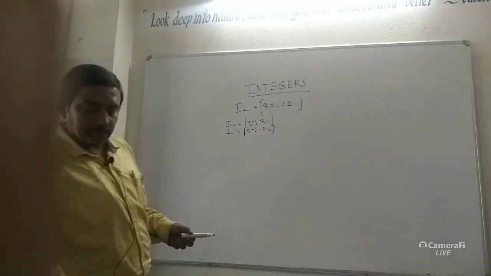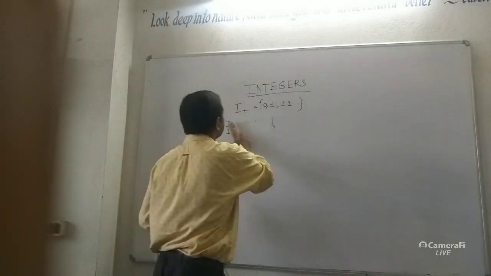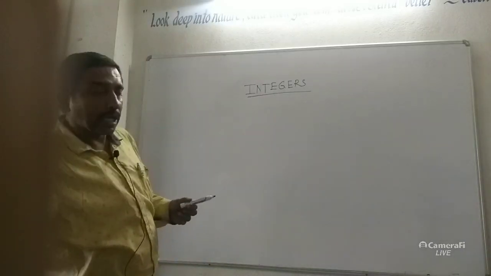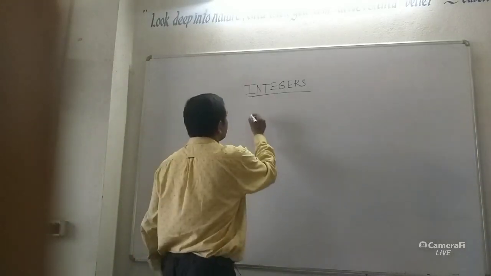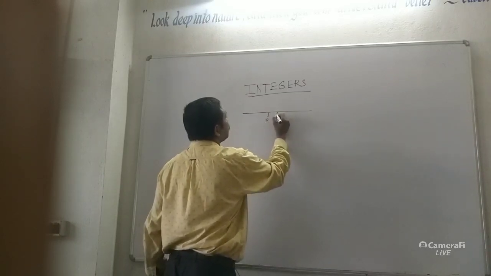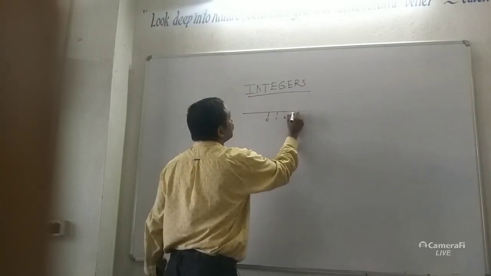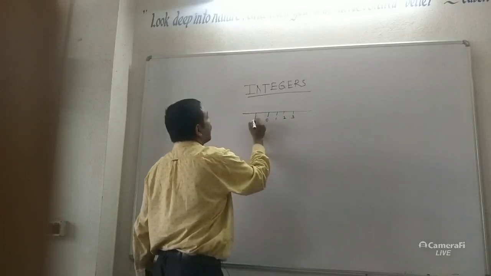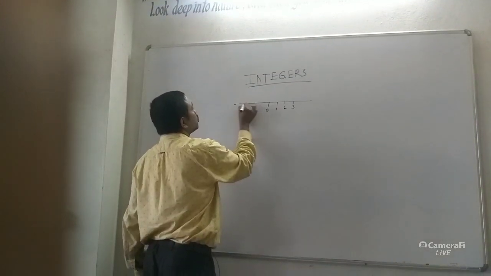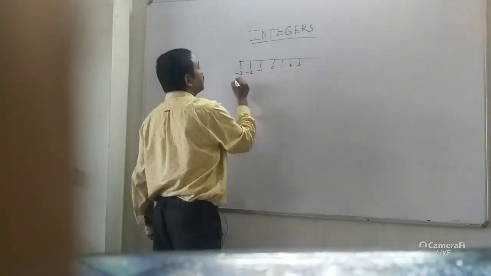Now next I will discuss how to show integers on the number line. This is the number line, and in the middle there is 0, then 1, 2, 3 on the right side and minus 1, minus 2, minus 3 on the left side.